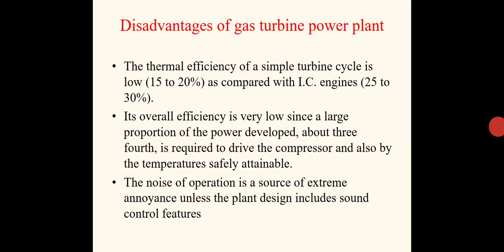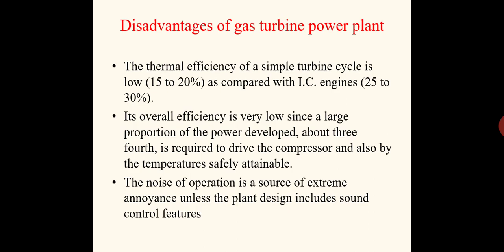Next, its overall efficiency is very low since a large proportion of the power developed, about 3/4, is required to drive the compressor, and also by the temperature safely attainable. See, a very large amount of the power produced as work output from the gas turbine is actually utilized for running the compressor. Here they are saying about 3/4 is utilized for running the compressor, so only 1/4 is available for the useful power production.